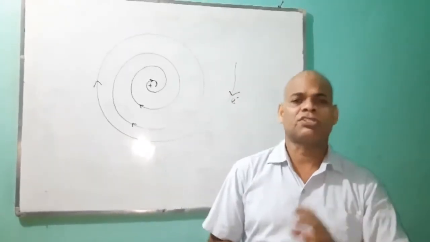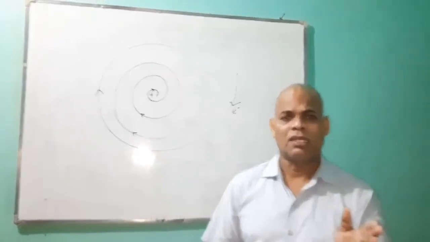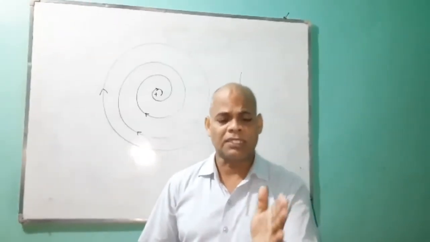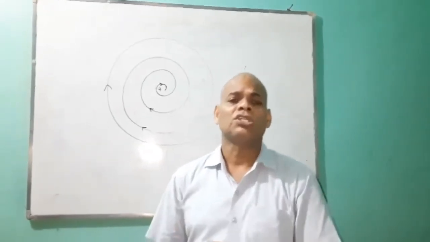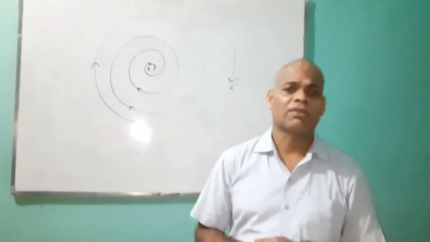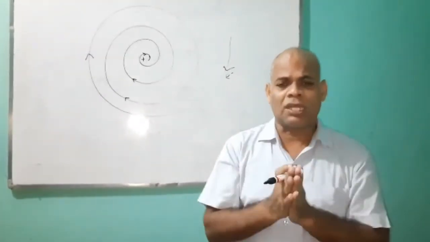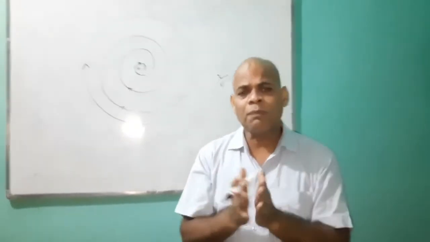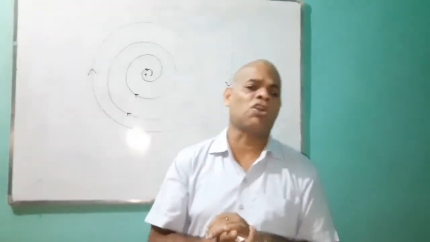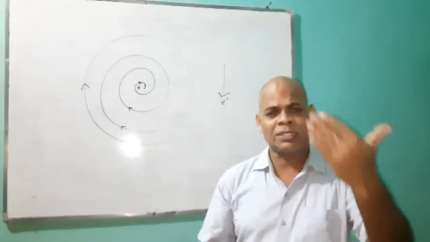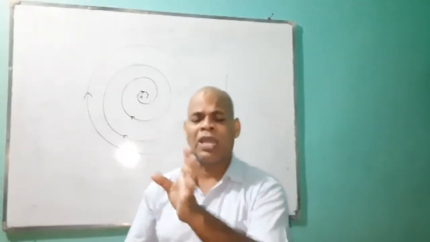From the law of conservation of mass, we know that matter can neither be created nor destroyed. So it means that what Rutherford is saying is something wrong. He is unable to explain the stability of an atom.